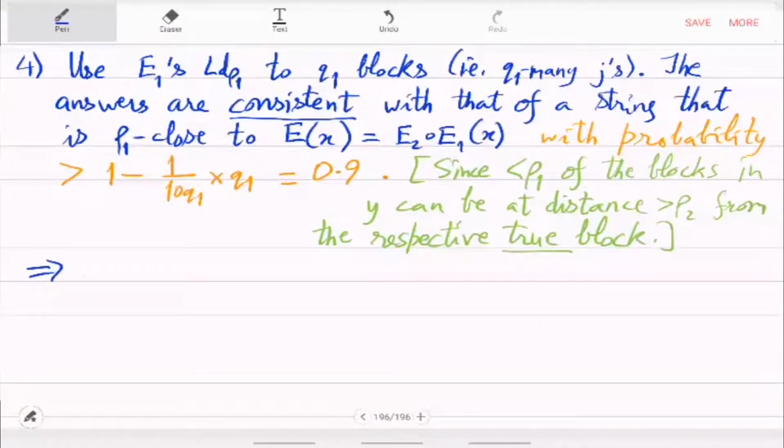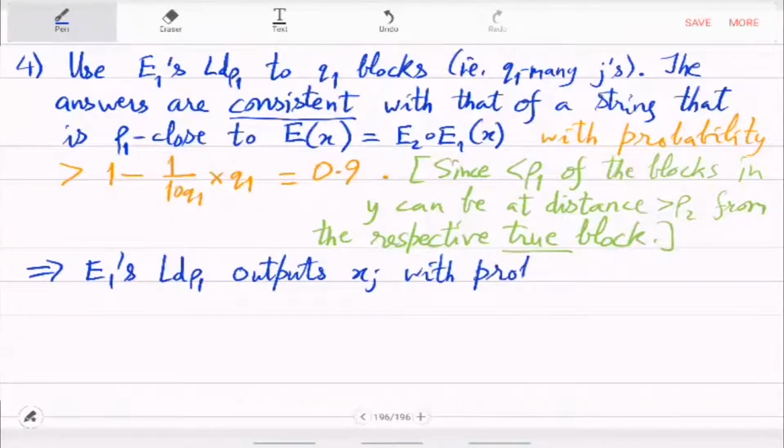So this means that E1's local decoder outputs xj with probability, already it was 0.9 came from what E2's local decoder did, and after that what E1's local decoder is doing, there may be error of 1/3, that is by LD rho 1's property, local decoder's property, which is more than half.